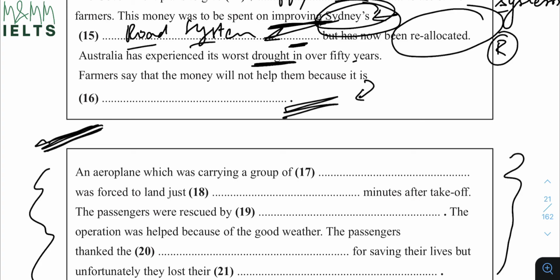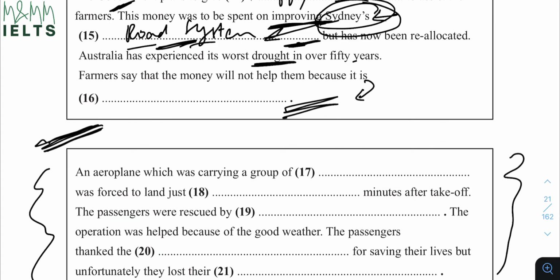If you write them capital, you will not get a good score, because it is not the beginning of the sentence. The beginning of the sentence is here: this money was to be spent on improving Sydney's road system. So this blank is actually in the middle of a sentence. If it was the beginning of the sentence, then my R would have been capital. Small little things, but very crucial.